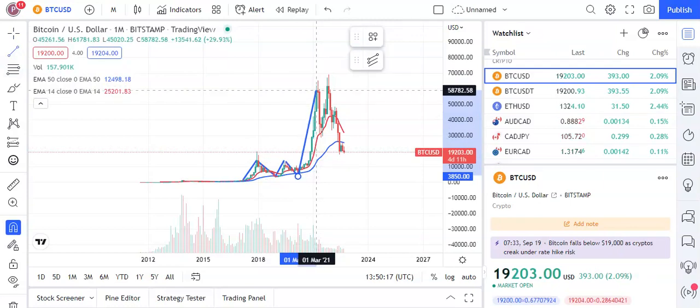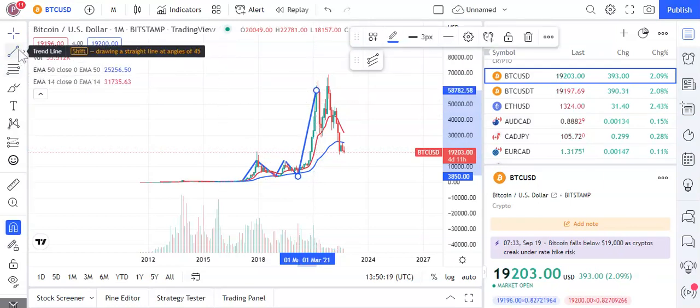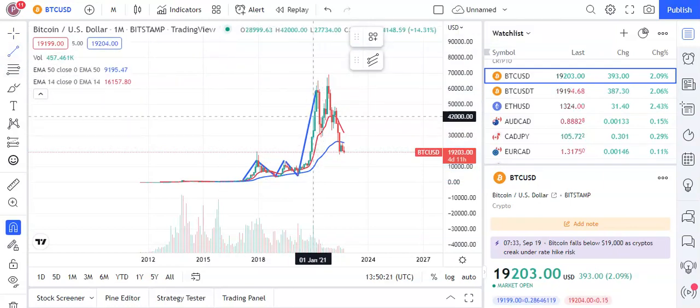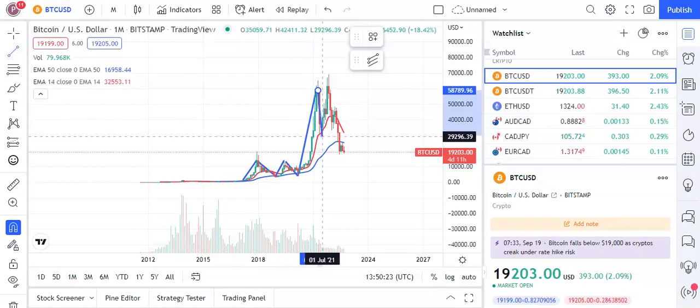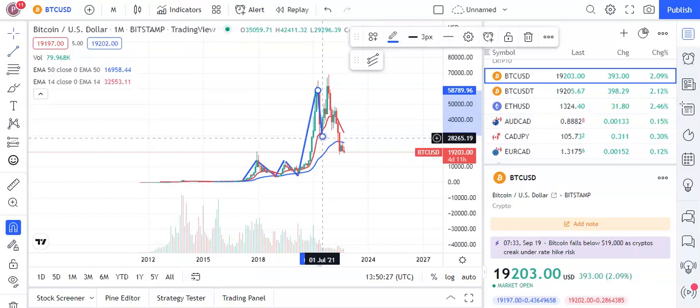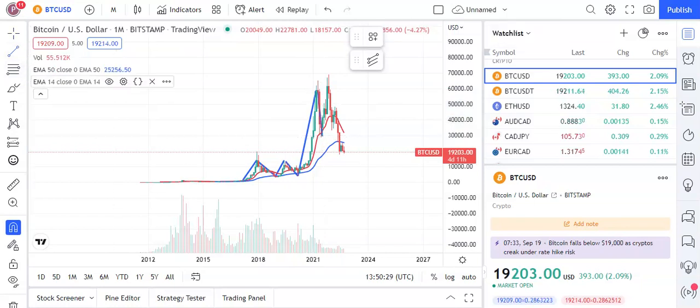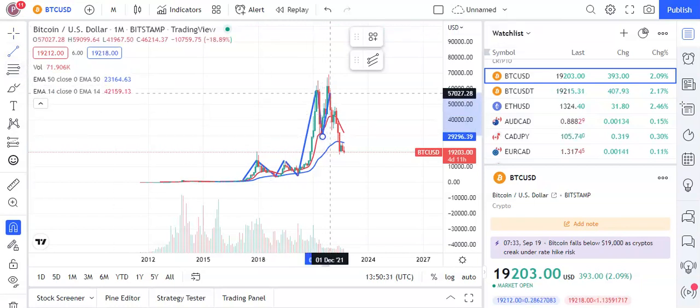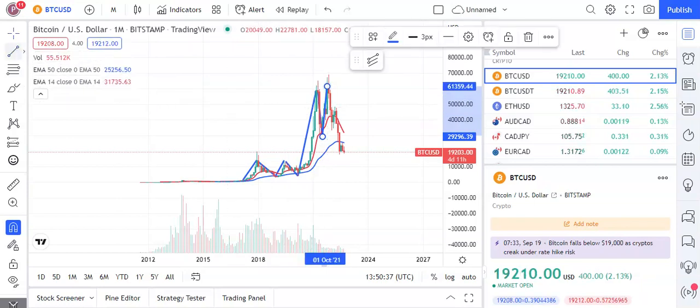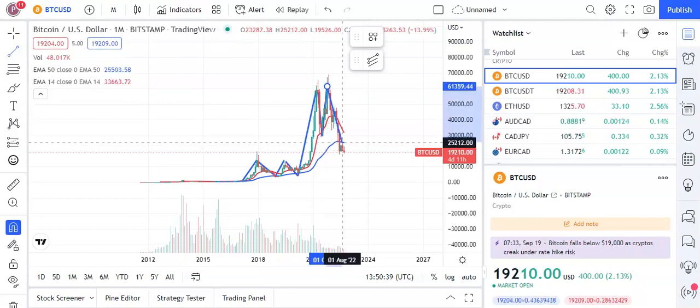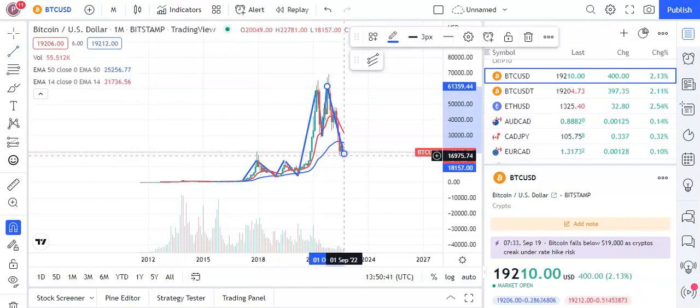You can see it, dropped down, went up again, retest the same point, dropped down. So we can see it very clear.